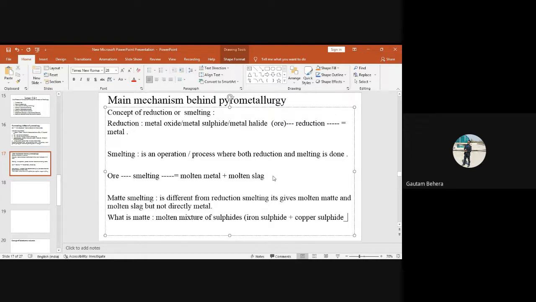So during extraction of copper, we do matte smelting, where we get a molten matte which contains iron sulfide and copper sulfide together, right? And from this iron sulfide and copper sulfide, we further extract copper in the later stage.